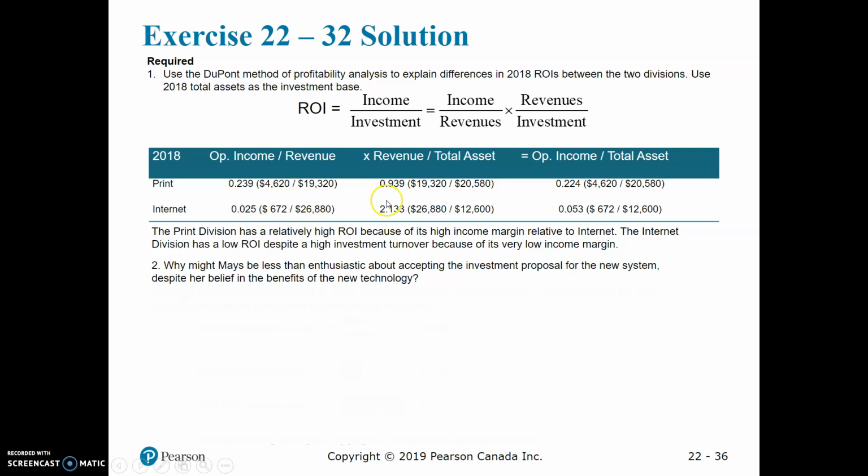Although it is interesting to observe that investment turnover is much higher for the internet division compared to the print division, because their return on sales is significantly less than the print division, overall the print division's ROI is 22.4%.